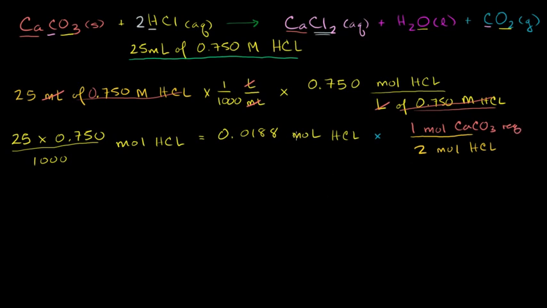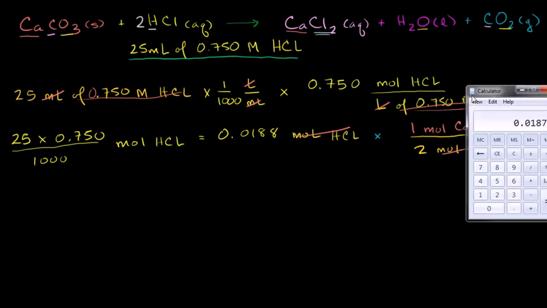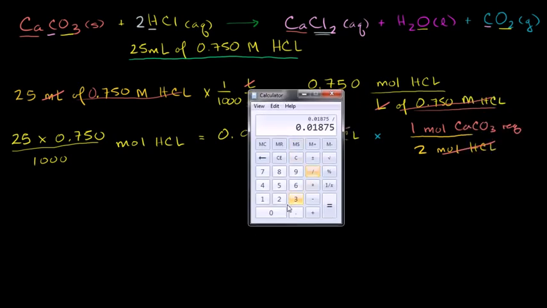And so these moles of hydrochloric acid are going to cancel out with the moles in the denominator. And we're essentially just going to take this number, multiply it by 1, and divide it by 2. Or just essentially divide it by 2. So I could just take the original number right here, divide it by 2. I should only do 3 significant digits, but I'll just stay with it.